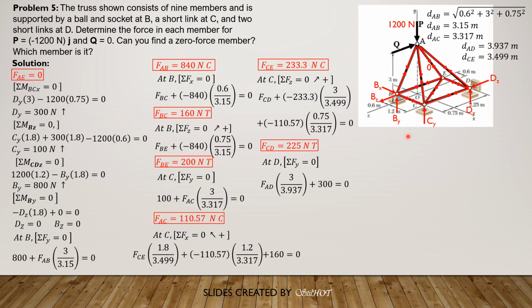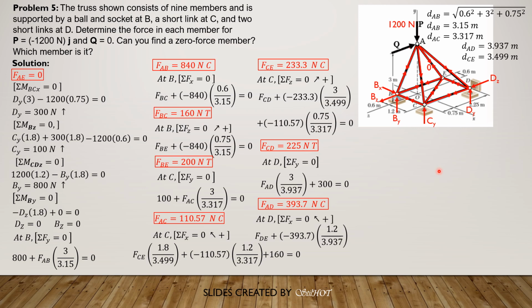Then we proceed to joint D, summation forces along Y equals 0. Then we have dy 300 plus FAD times 3 over distance 3.937 equals 0. So FAD is negative, so it is compression, 393.7 newtons compression.